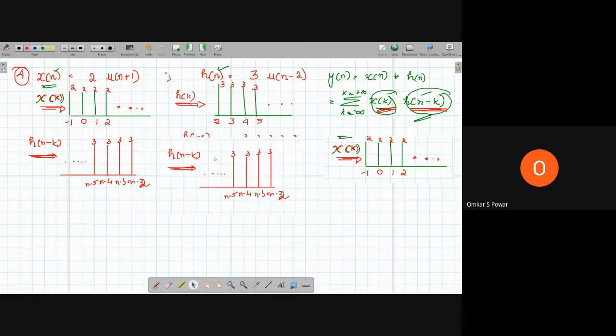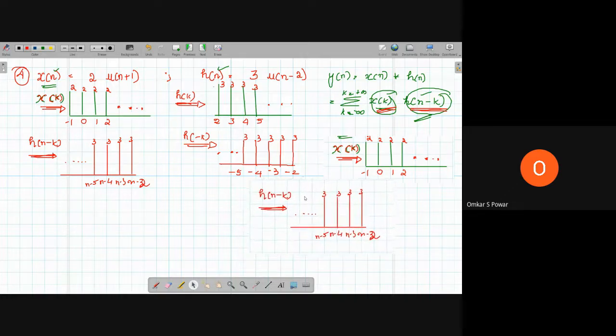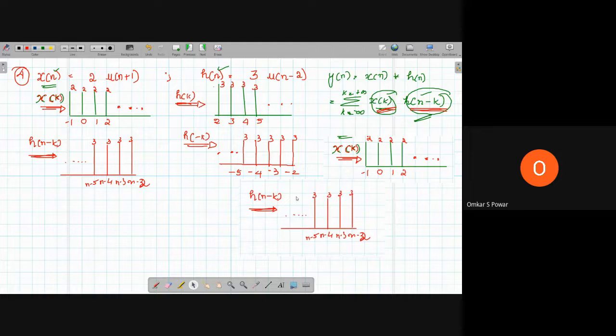Case one, when n minus 2 is lesser than minus 1, it will be here. When I gave you the intuition, what I told you: this point is minus 1.